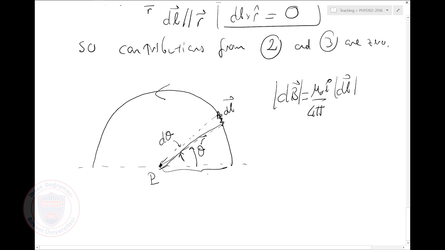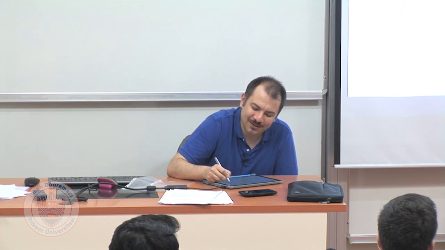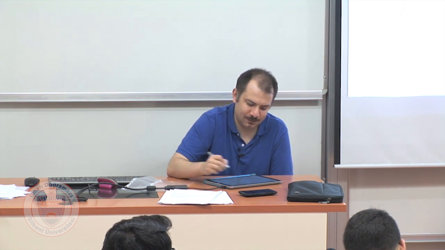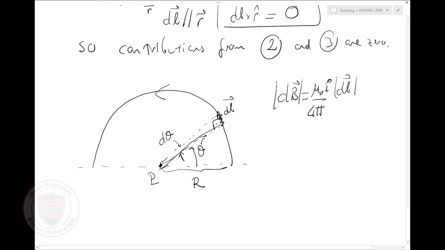Well, it's whatever the radius is. No, r hat magnitude is always 1. Good. How about the angle between r and dl? 90 degrees. So sine of 90 degrees is 1. So this is going to be dl over r square.